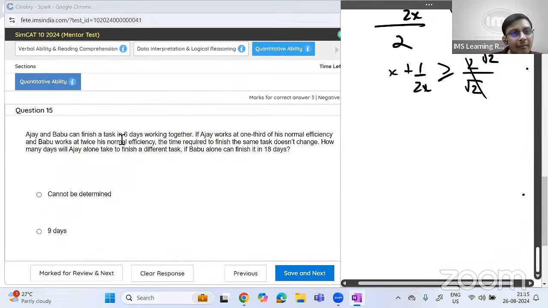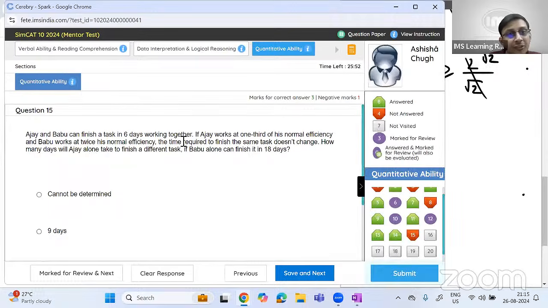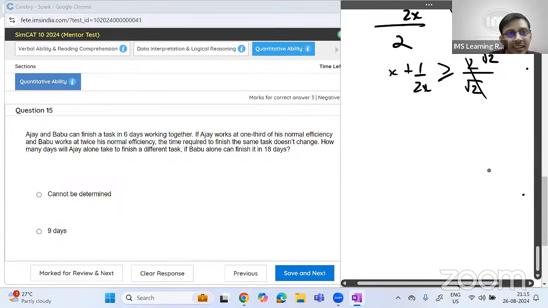A and B can finish a task in 6 days together. If A works at 1/3 of normal efficiency and B works at twice his normal efficiency, the time required to finish doesn't change. How many days will A take alone if B alone takes 18 days? Okay, this seems simple. Total work: A and B together in 6 days, so 6 into (A plus B), their normal efficiencies.